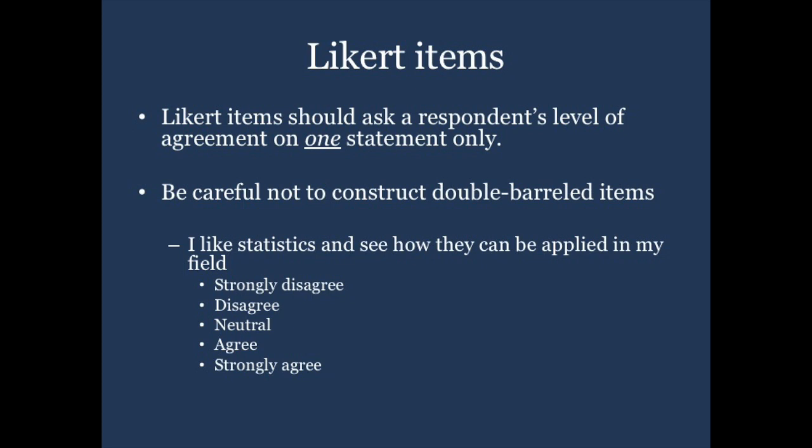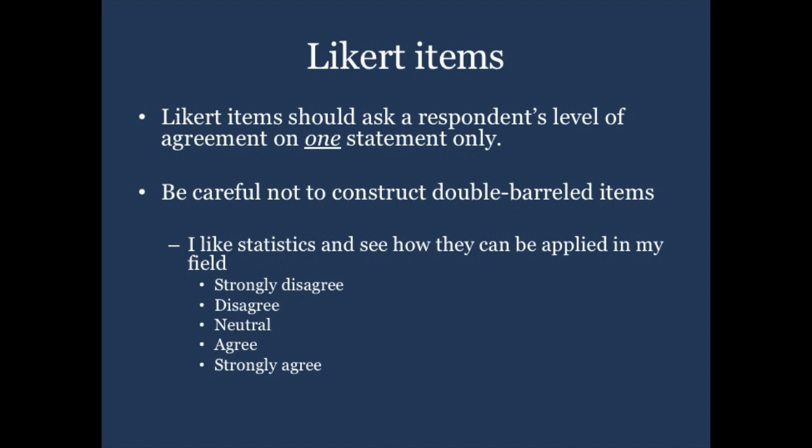So when you are constructing a Likert item, make sure that you are asking one statement only that they have to agree with. Sometimes we get carried away and we put two statements they have to agree with, but the scale only allows for one. And that makes it a double-barreled item, like we saw in the previous video. Consider this example.